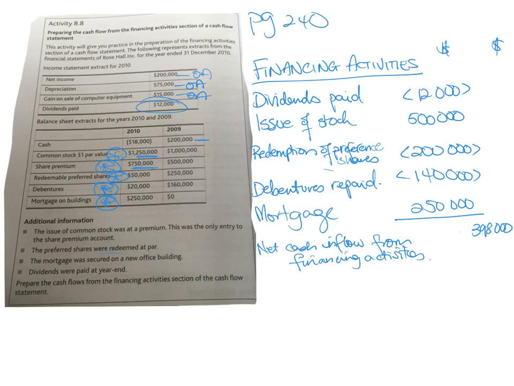And to complete the cash flow, you would add what is in the operating activities section, add what was in the investing activities section, and add financing activities, and that would give you your increase or decrease in cash and cash equivalents.